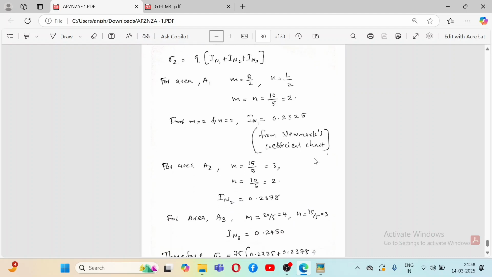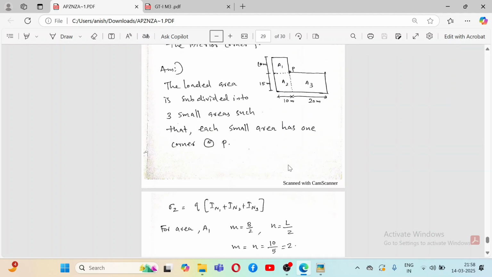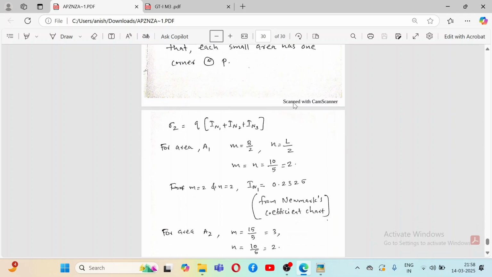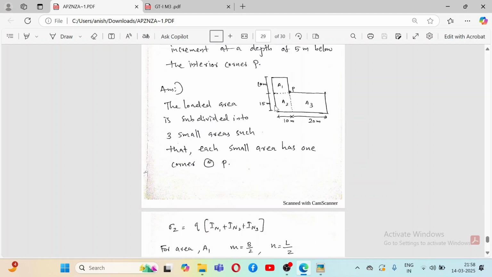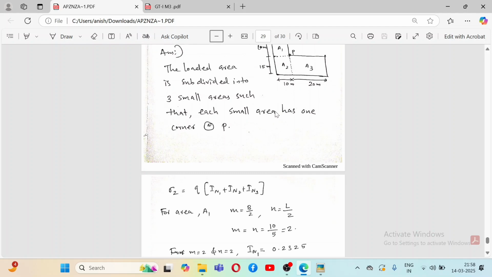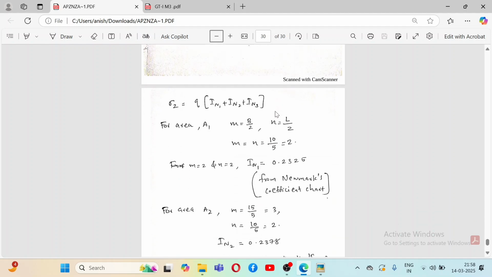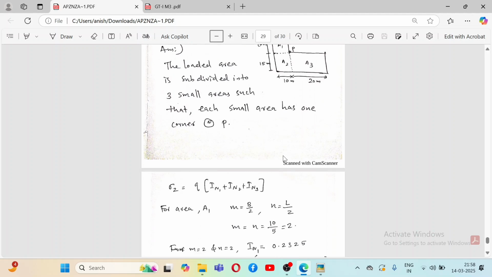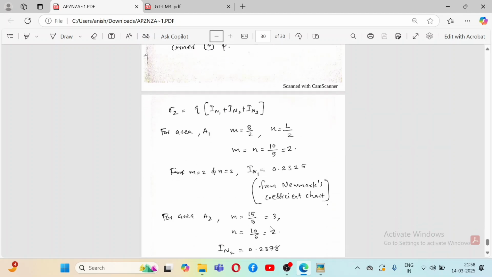Then for area A2, what is area A2 here? 15 meter and 10 meter, right? So M is equal to B by Z. What is B by Z? Breadth is 15 meter. So 15 by 5, that is 3, and N 10 divided by 5, that is 2.